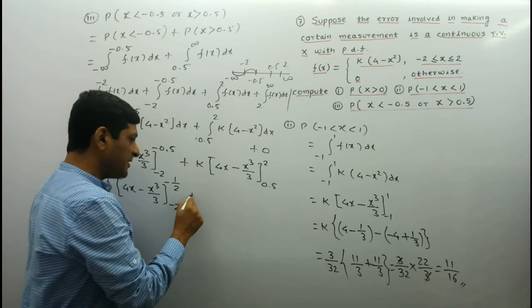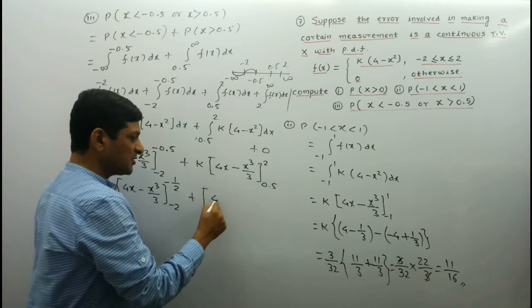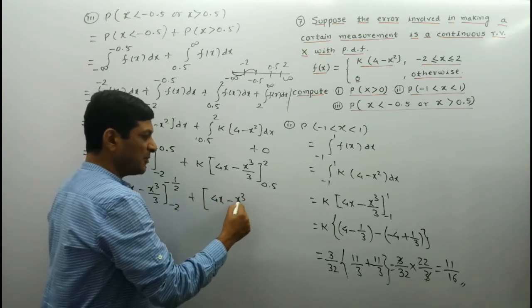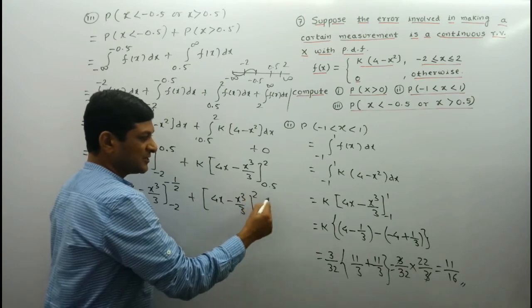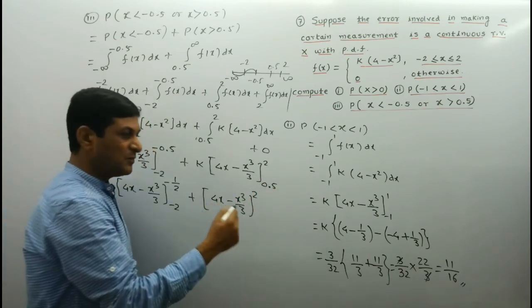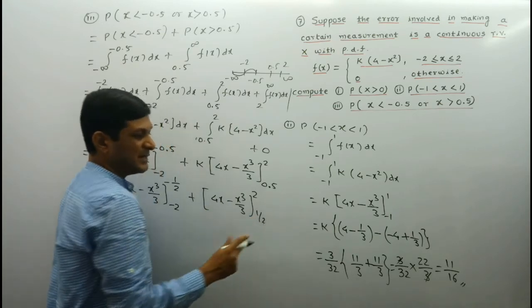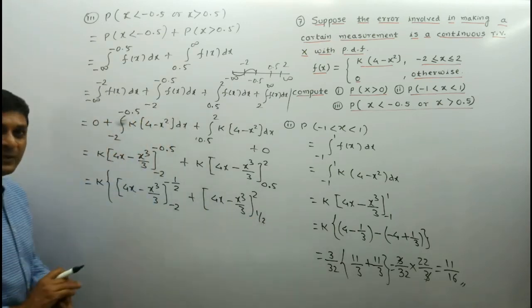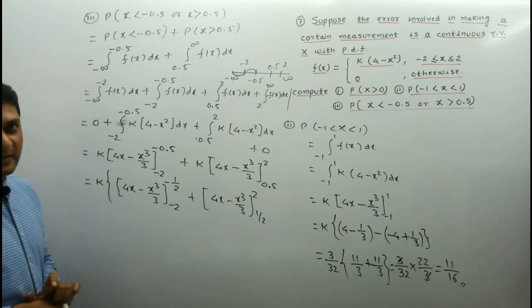Plus k we have already taken common, so here also 4x minus x cube upon 3, keep it as it is, 2 also as it is, but here the lower limit is 0.5, and 0.5 can be replaced by 1 by 2. These changes we are doing so that the calculation will become easy.